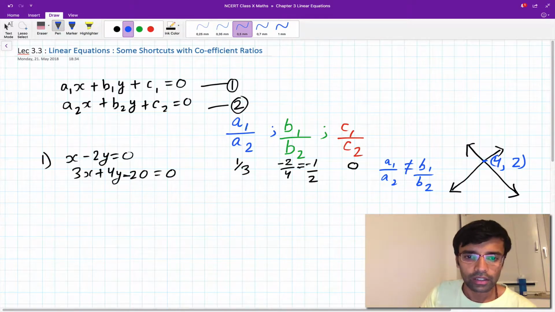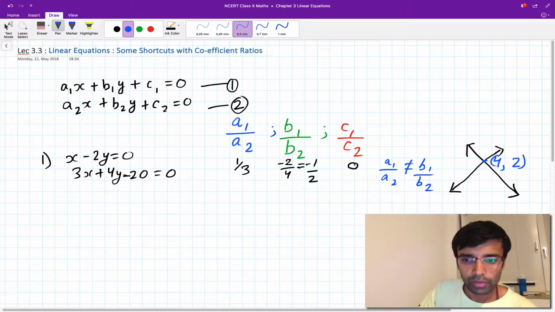Let us have a look at the ratios. a1 by a2 is 1 by 3. For b1 by b2 we have minus 2 divided by 4, which will be equal to minus 1 by 2. And for the constants we have 0 divided by minus 20, which will be 0.